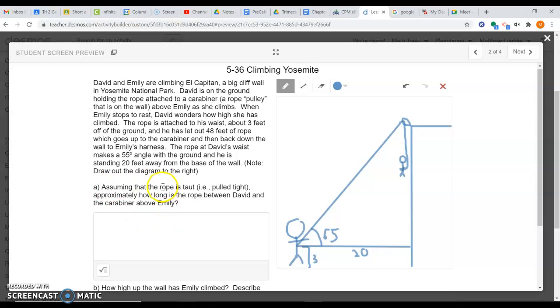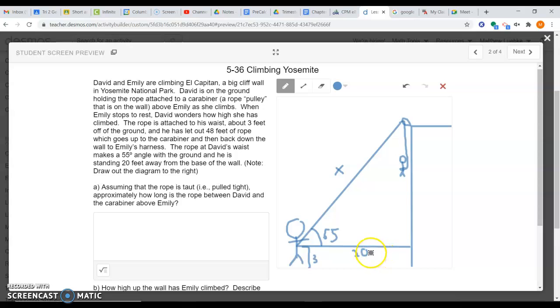The first thing I'm going to do is, assuming that this rope is taut between his waist and the carabiner, how long is that rope from his waist up to that carabiner above Emily's head? Well, I can set this up. This would be my x here. I can set this up with a trigonometric function.